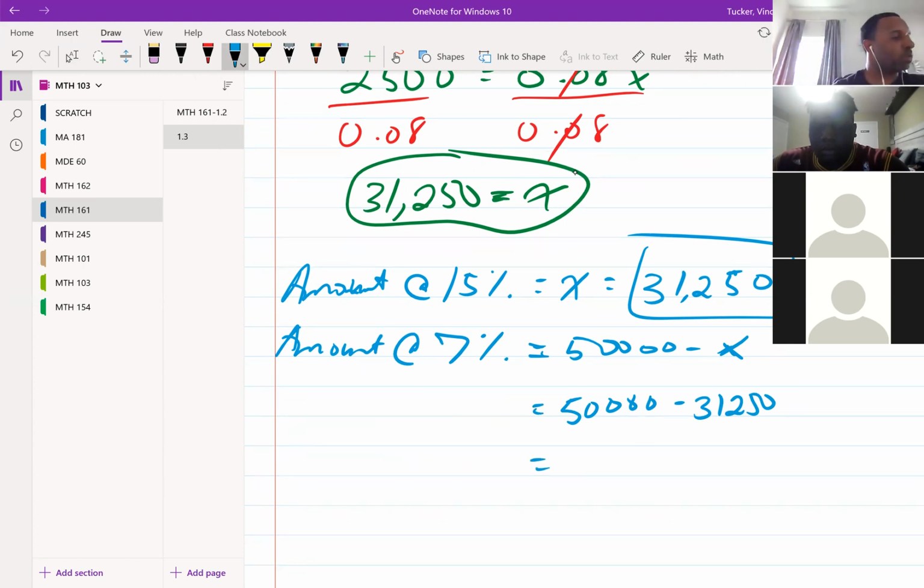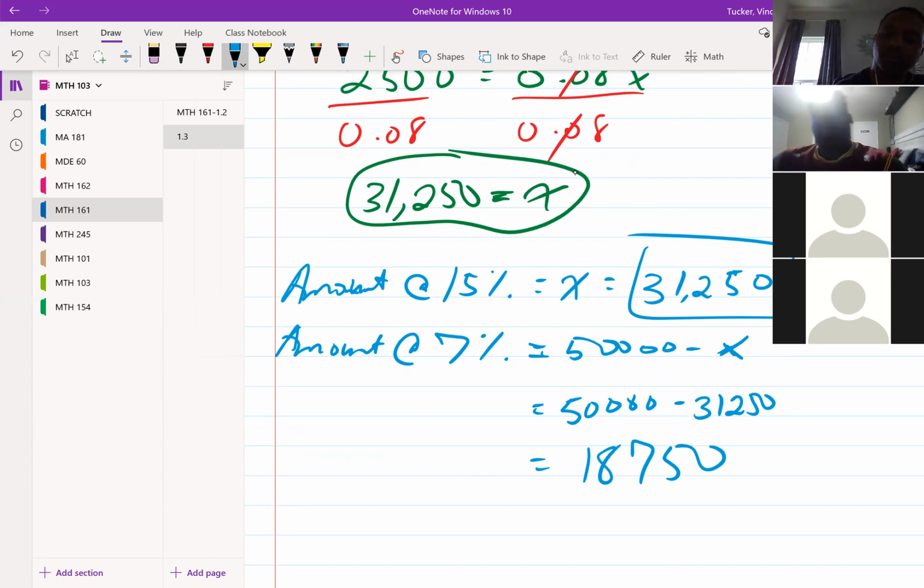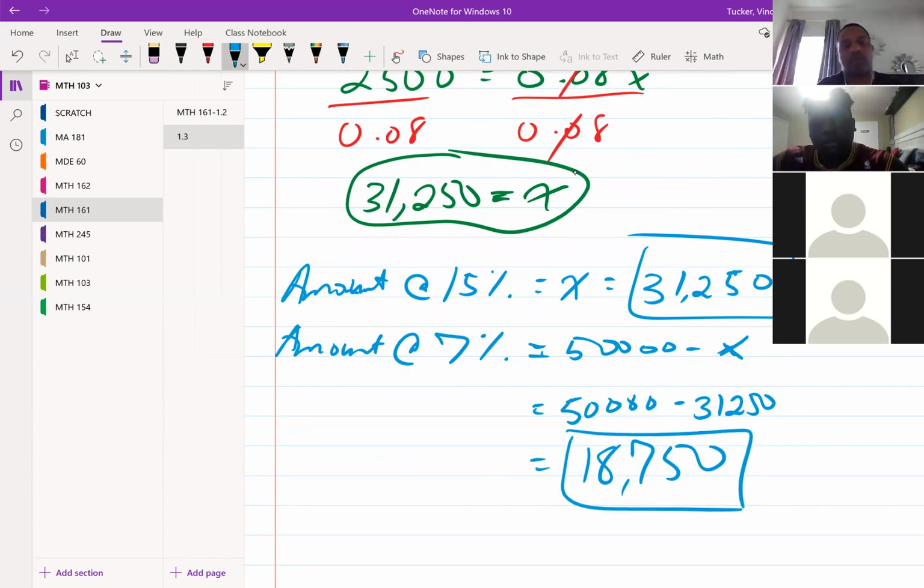And how much was that? 18,750, yeah. And when you're doing my math lab, put the answers in the right box, because of course it'll mark it wrong if you say 18,750 went to 15% and 31,250 went to 7%.